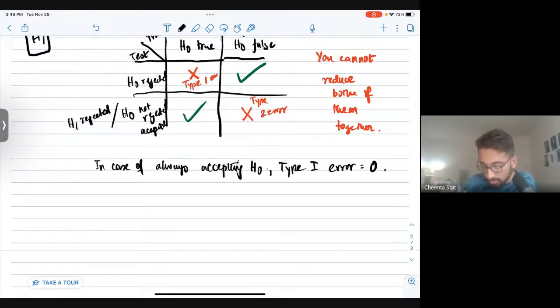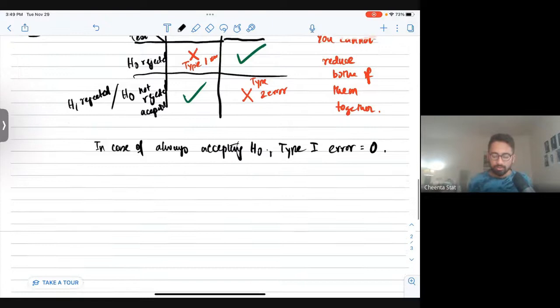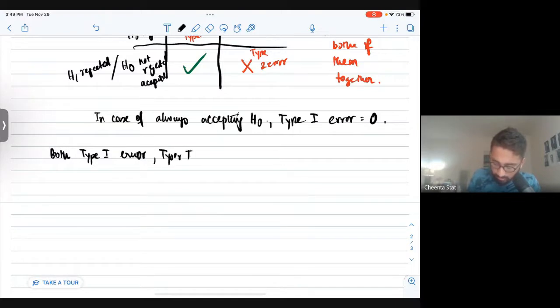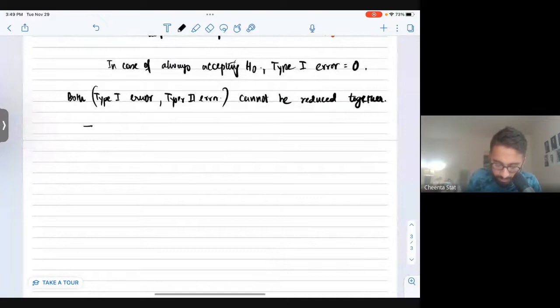Also, when you want to reduce type 2 error, that means always reject H naught, and type 1 error will be max. Therefore, both type 1 error and type 2 error together cannot be reduced together.